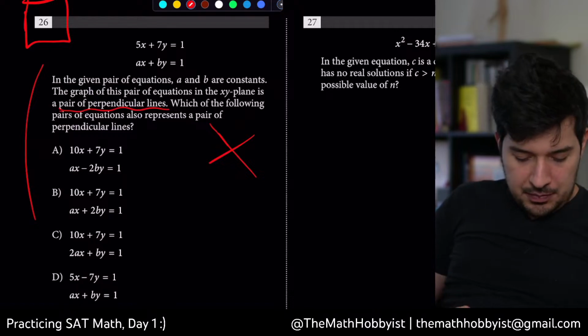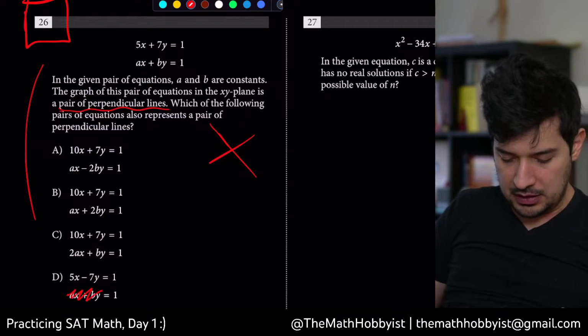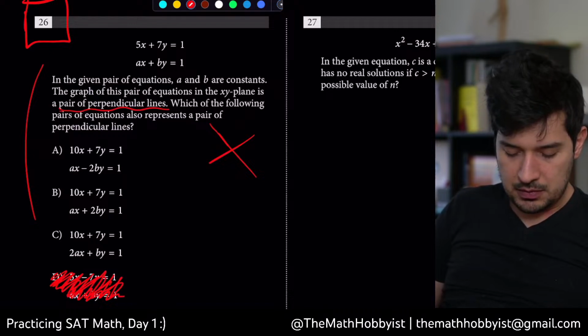Let's eliminate some. I know that if the second equation is the same as the first equation, it can't change, right?